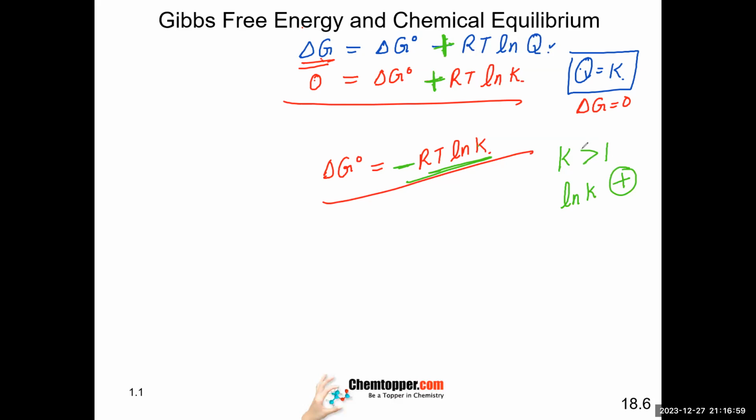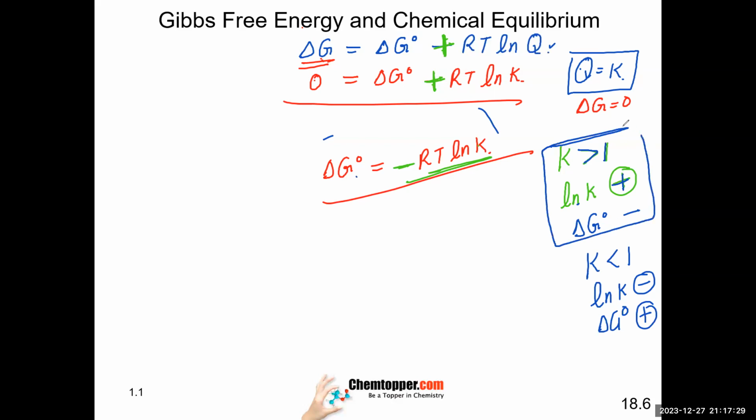So if this K is greater than 1, then ln K is a positive answer. If ln K is positive, then delta G naught is negative in this equation. And if this K is less than 1, ln K will be a negative answer. And in that case, delta G naught will be positive. So many questions are there on this concept.